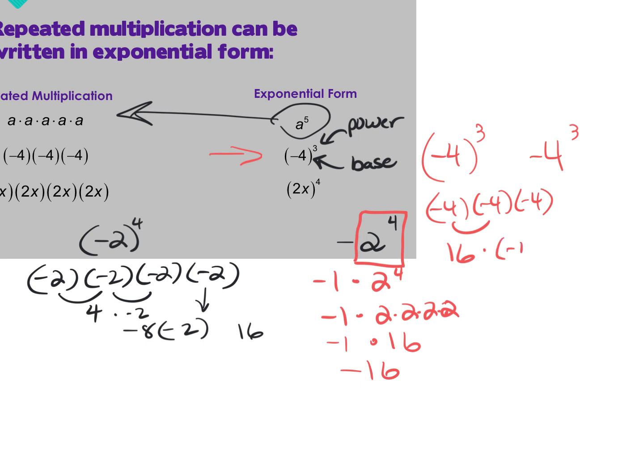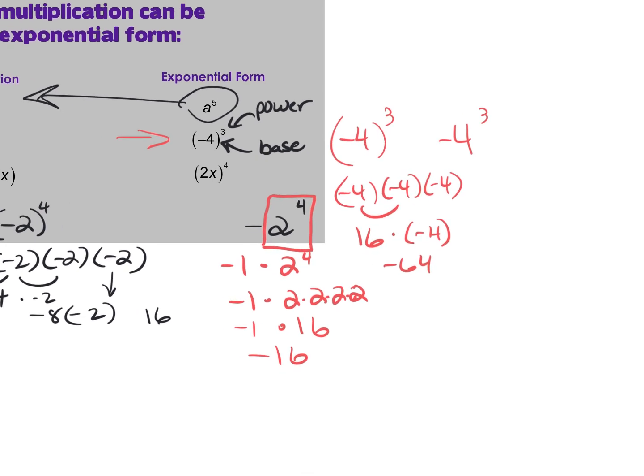But then when you multiply it again by a negative 4, it turns negative. So when the power is an odd number, it's still going to be negative. Same thing here. If you think of this as negative 1 times 4 to the 3rd, it's negative 1 and then 4, 4, 4. It ends up being negative 1 times positive 64, and once you multiply, it's still negative.